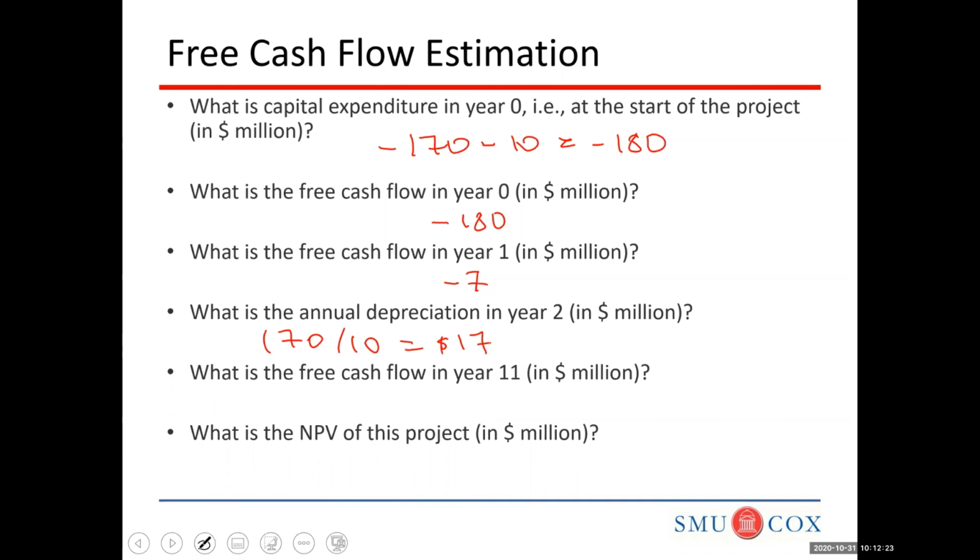So free cash flow in year 11, actually any of the 10 years. Let's see, what do we have here? EBIT, we were given EBIT, 32 million. And that thing we tax impact, we say 1 minus the 21% tax rate. So EBIT times 1 minus tax rate. And then in our formula, we add back depreciation, right? We had to account for depreciation just for tax reasons, but now we'll add it back. We add back 17.